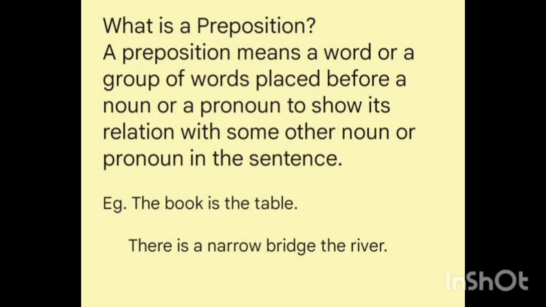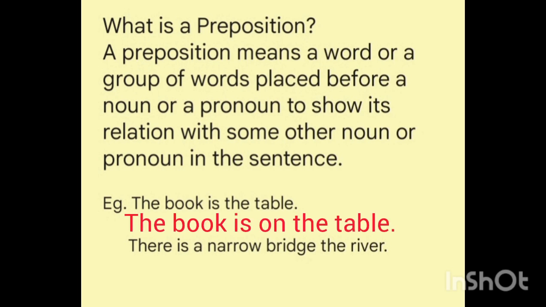Here are some examples. The book is the table. Is it meaningful? Does it make sense? No, the book can never become the table. So we need to put a preposition to show the relation between the book and the table.